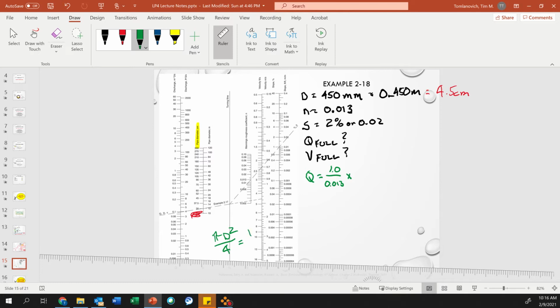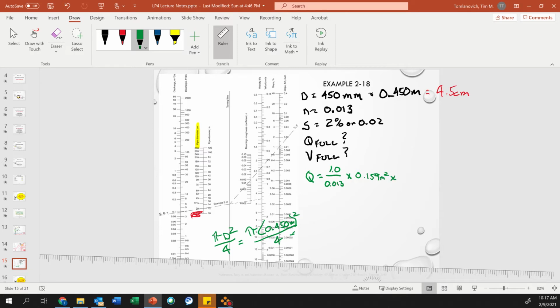Now we have to be in meters: pi times 0.450 meters squared divided by 4, and I get 0.159 meters squared.